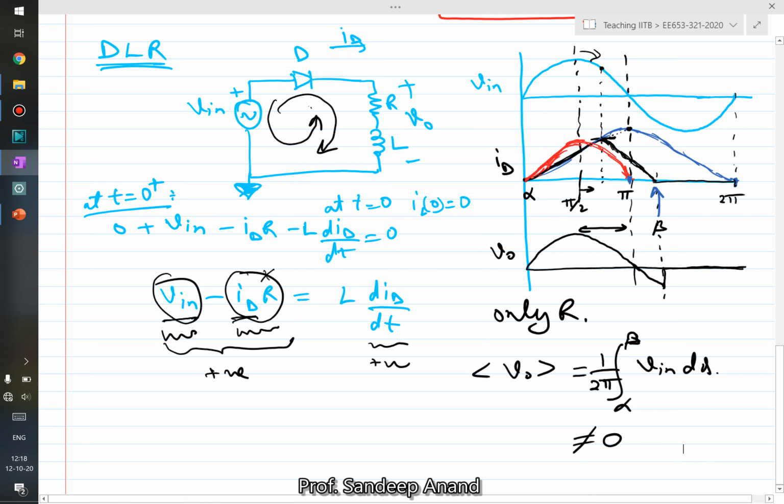Obviously there is a ripple. It's not a flat DC. There is some other frequency component also present. But nevertheless, you get a DC output, and you also have a DC output in terms of the current. So this is a basic half wave rectifier circuit using one diode, an inductor and a resistance.